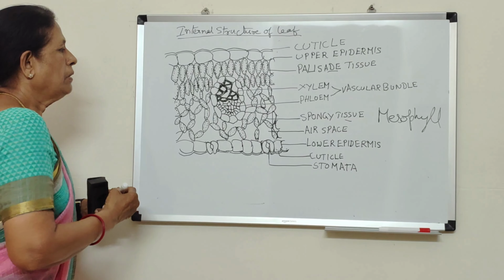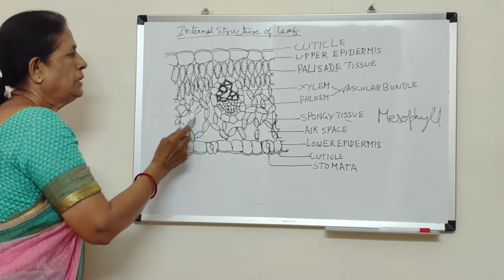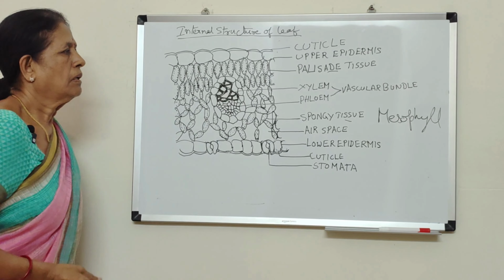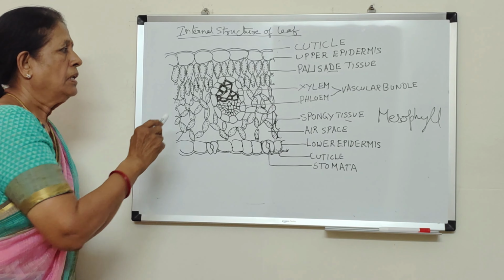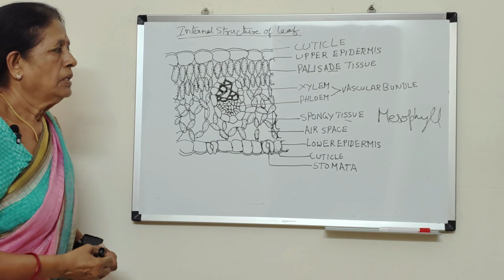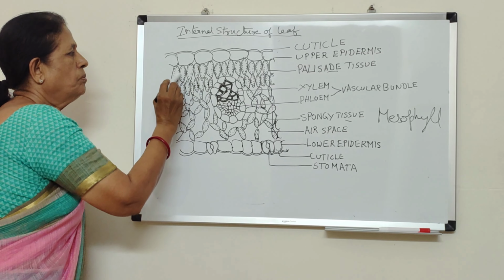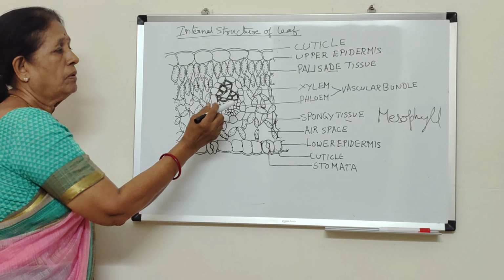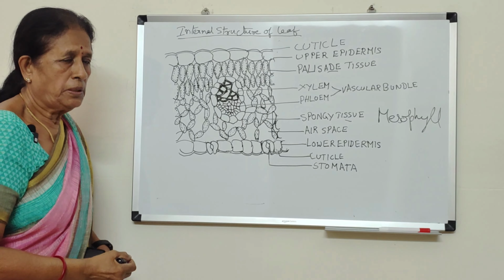You can observe in the palisade tissue and spongy tissue, small dots are present. These dots are chloroplasts. More chloroplasts are present in the palisade parenchyma when compared to the spongy parenchyma.